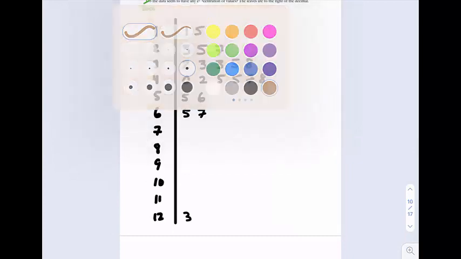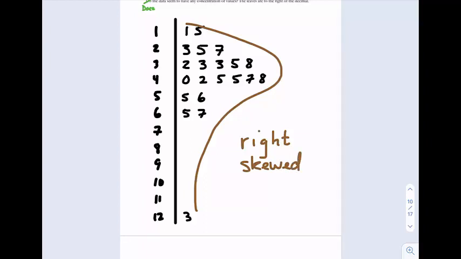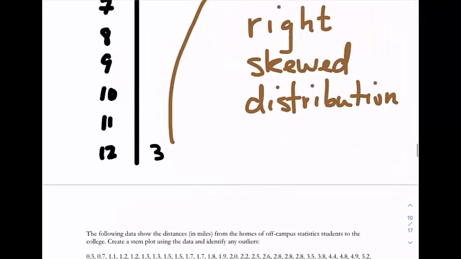If we look at this counterclockwise, this would be a right skewed distribution, because if we rotated this counterclockwise, the tail would be on the right side. Not that it's really important, but this person probably lives out in the country somewhere.